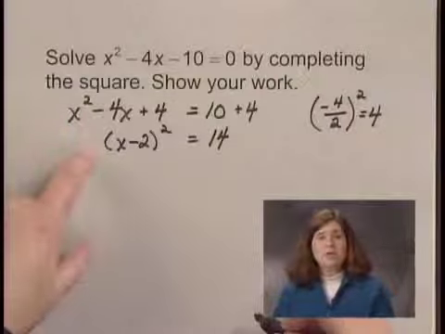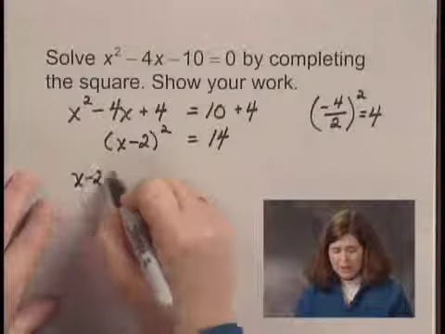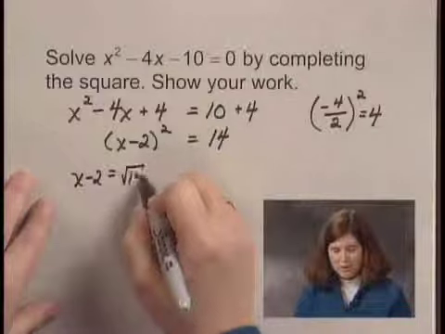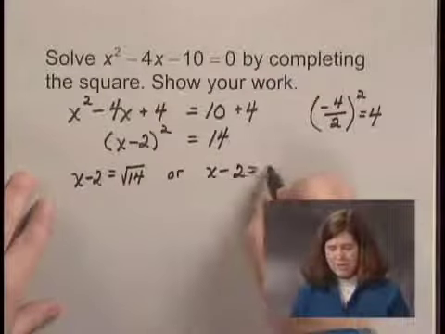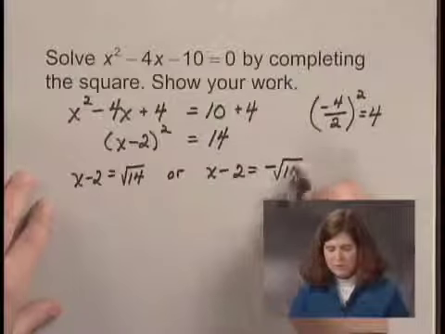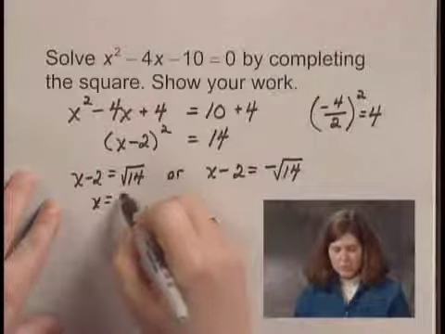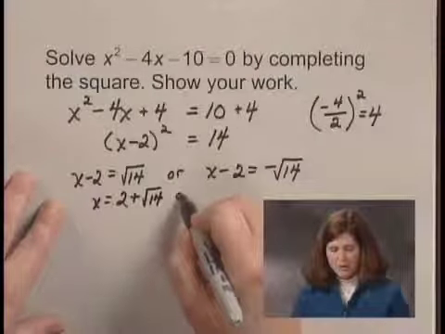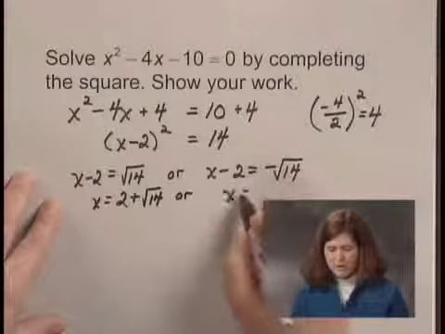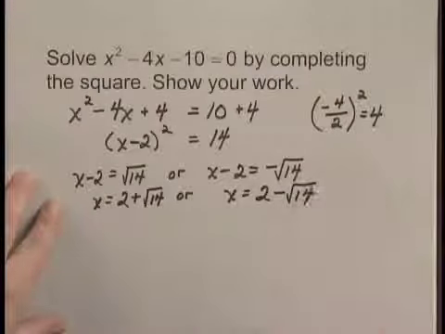Now this enables me to use the principle of square roots and say that x minus 2 has to equal the square root of 14, or x minus 2 must equal the opposite of the square root of 14. Solving for x, I have x equals 2 plus the square root of 14, or x equals 2 minus the square root of 14.